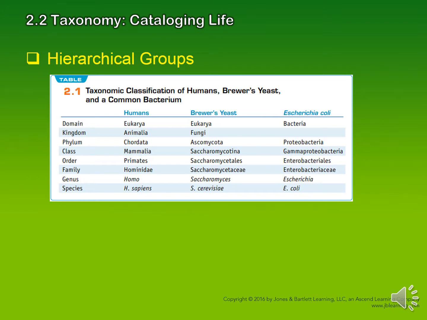Then in bacteria, we have the phylum of Proteobacteria, Gammaproteobacteria, the order of Enterobacteriales, the family Enterobacteriaceae, then we have the genus Escherichia, and then coli would be the species.